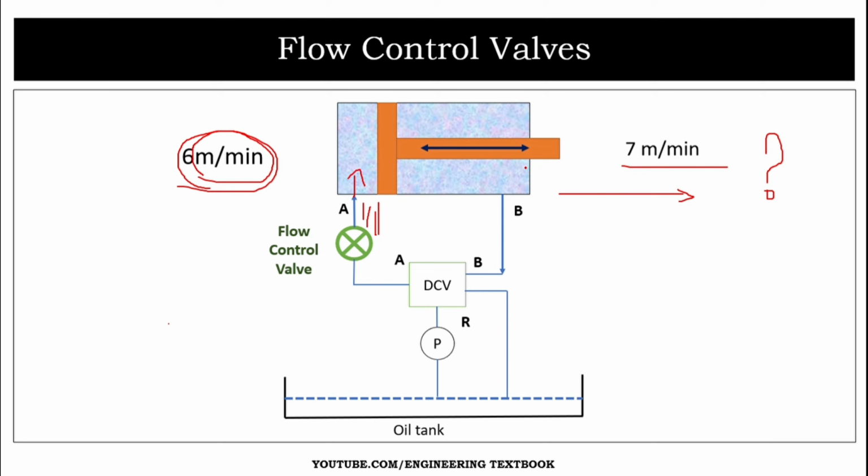To admit additional hydraulic oil, we have to use the valve which is known as the flow control valve. These valves control the flow of the hydraulic oil. So we can achieve the speed from 6 meters per minute to 7 meters per minute.